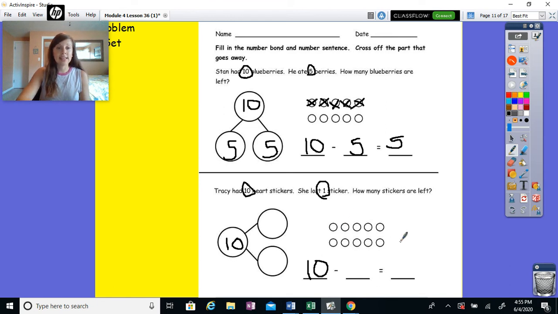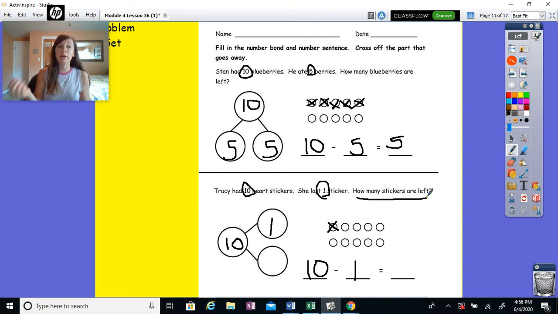Okay, and it said that she lost 1. So we need to cross out 1. That's it. Okay, so she lost 1. How many do we have crossed off? Just 1. So number 1 is next. I'm going to write 1 in here too. Now the question is, how many stickers are left? So how do we figure that out? You could use your fingers.